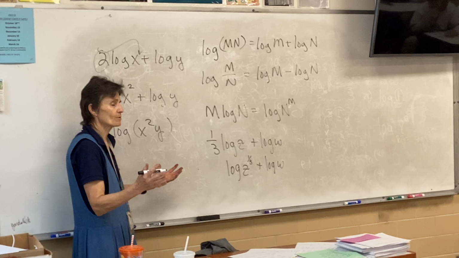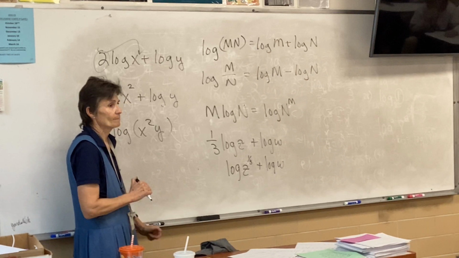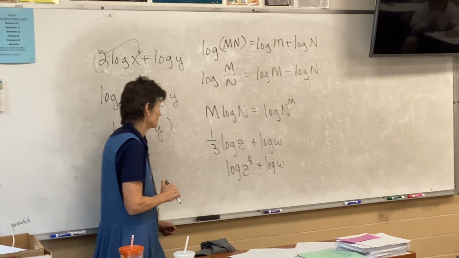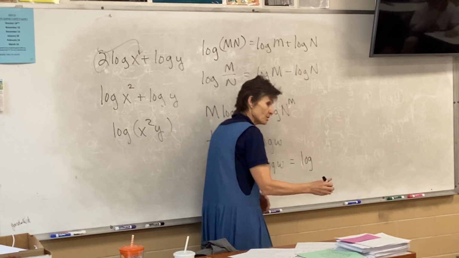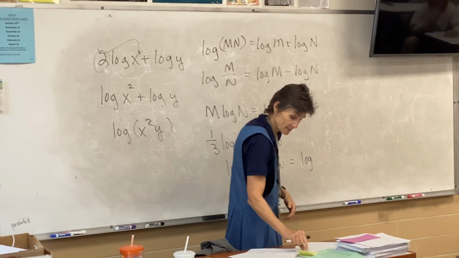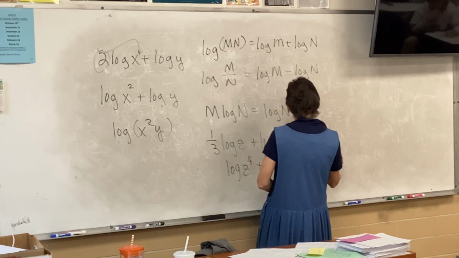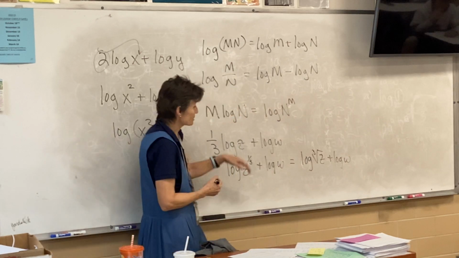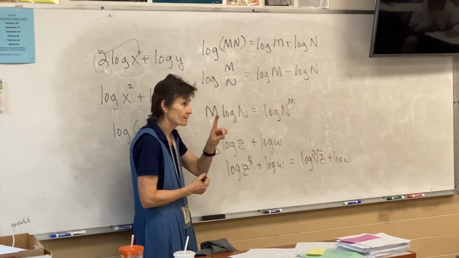Z to the 1/3, what's that? What's z to the 1/3? Where is it over there? The cube root of z. So we have the log, thank you, of the cube root of z plus the log of w. Now your job is to put those together into one logarithm.